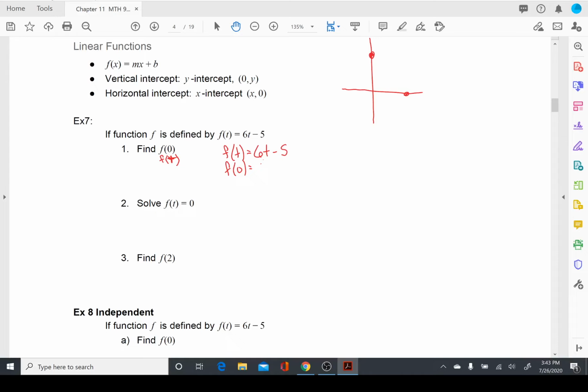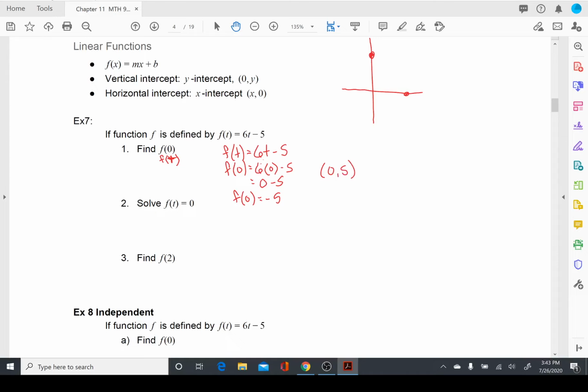And so you can see that the t is 0. So we'll replace the t with 0. And we will get 0 minus 5. F of 0 equals negative 5. And so that's the point 0, negative 5 if you were graphing.